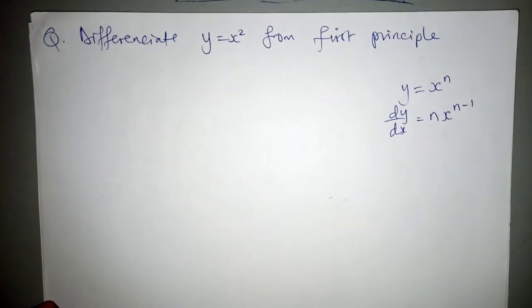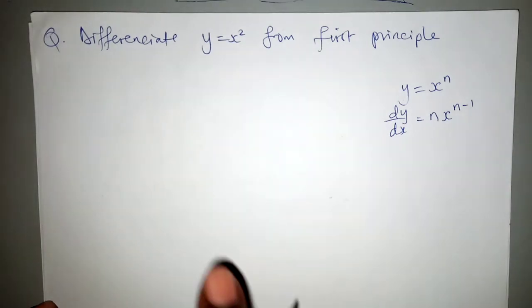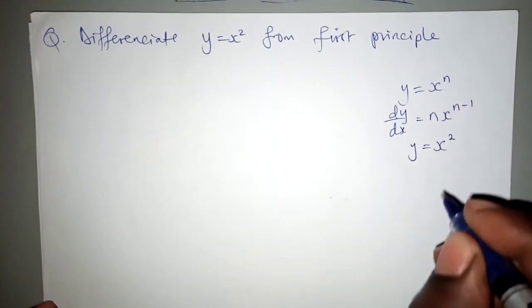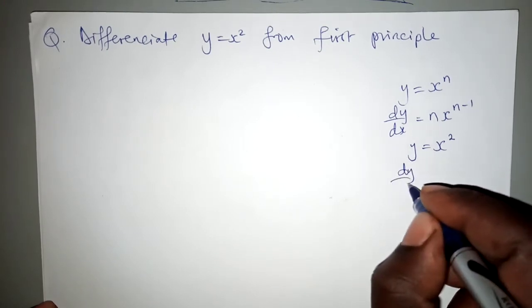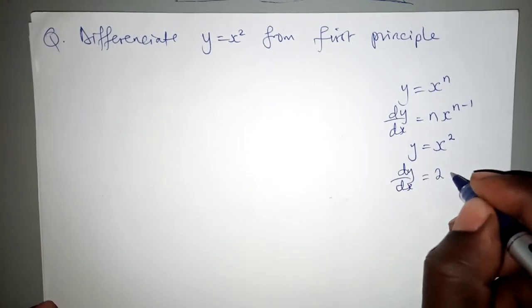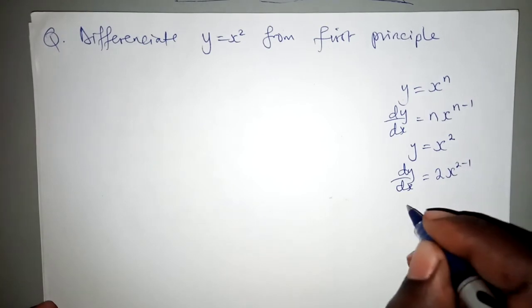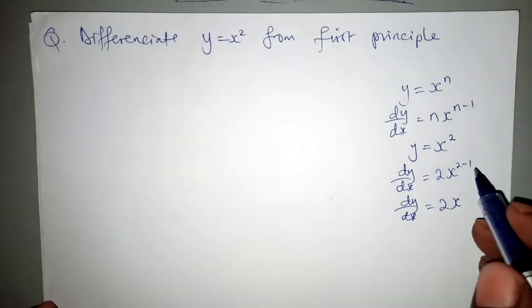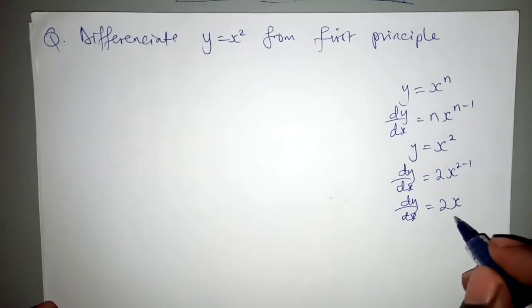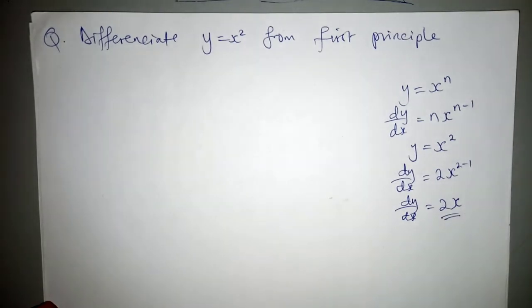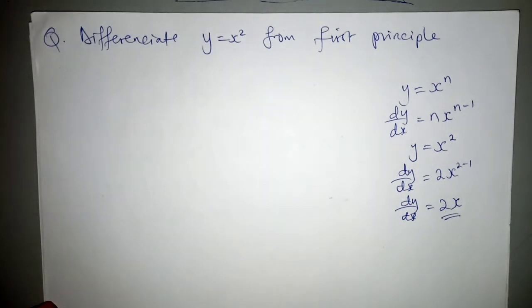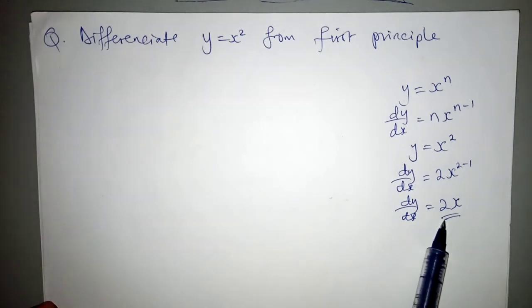So if you want to differentiate this function using this formula, that is y is equal to x to the power of 2, this will become dy by dx is equal to 2x to the power of 2 minus 1, which is also equal to 2x, because 2 minus 1 is 1. So if we differentiate this function using first principle, we will definitely arrive at this answer, which is 2x.